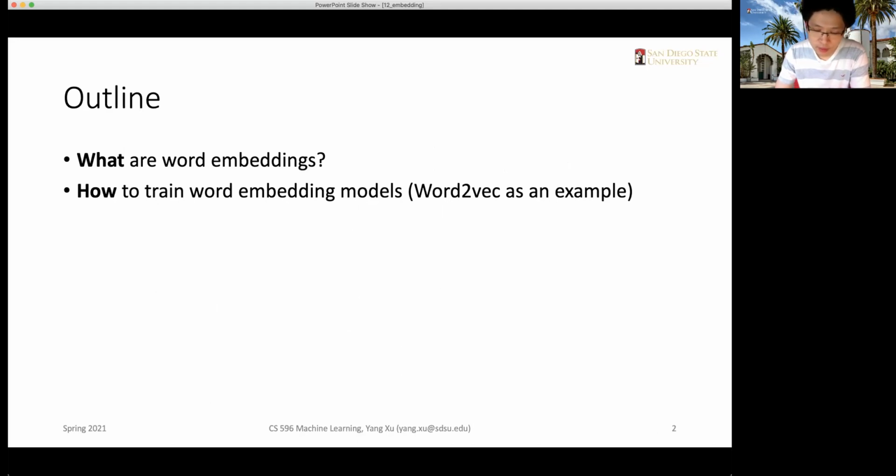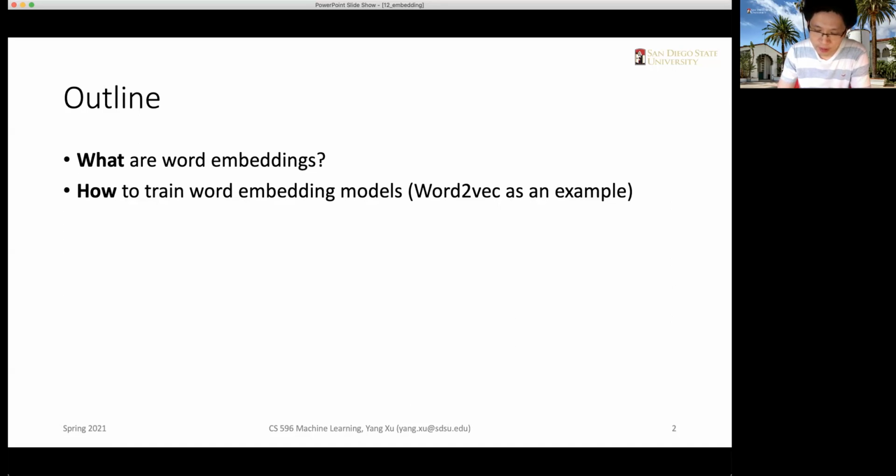There are many other ways to train word embedding models, but word2vec is one of the most famous. It was first proposed in 2013, and it was basically revolutionary at that time.